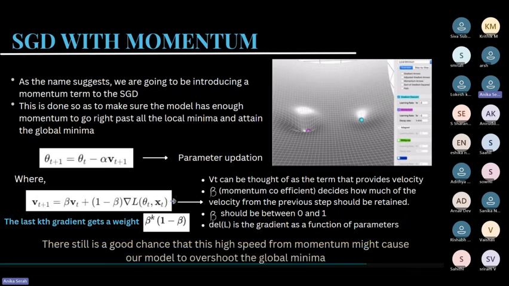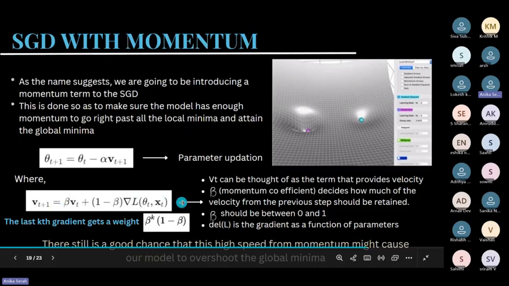You're incorporating information from where you were before. So that is going to help the model make a more informed decision on the next step. Instead of just the current gradient, it's going to remember what direction it was moving in essentially till now, and it's going to make a better, less noisy step in the next one.